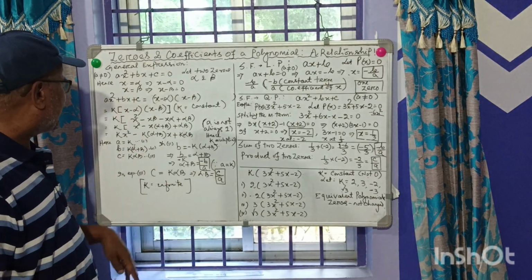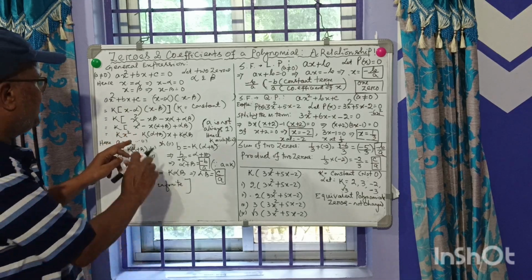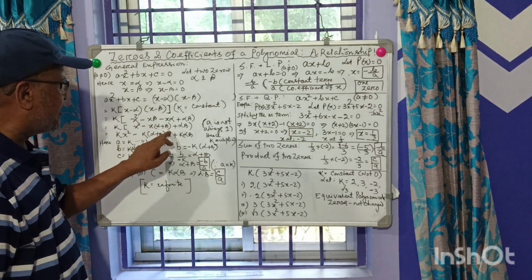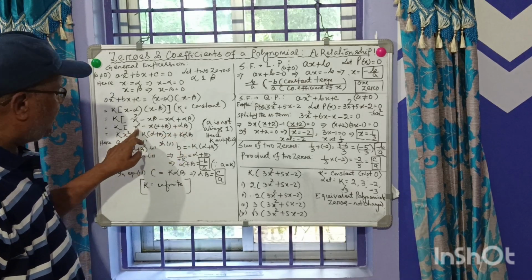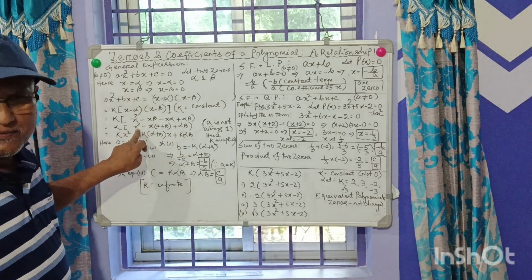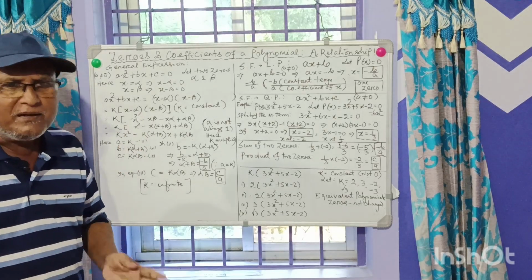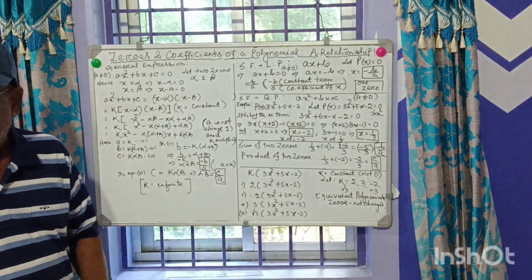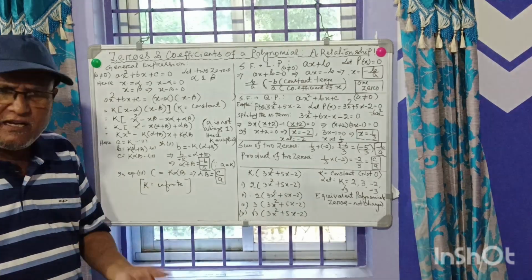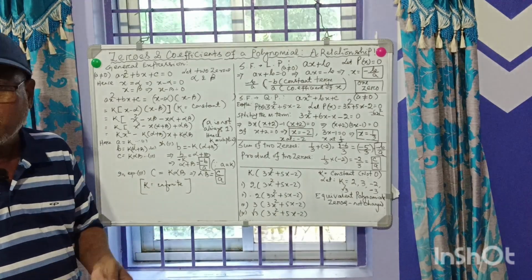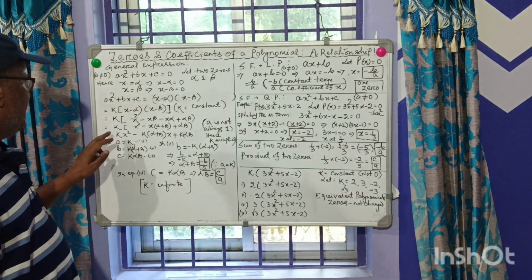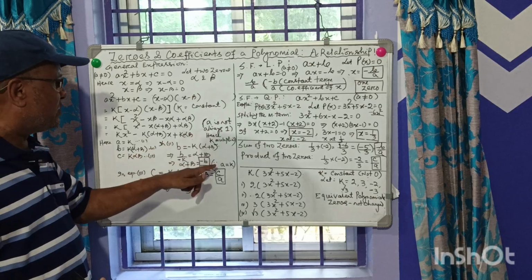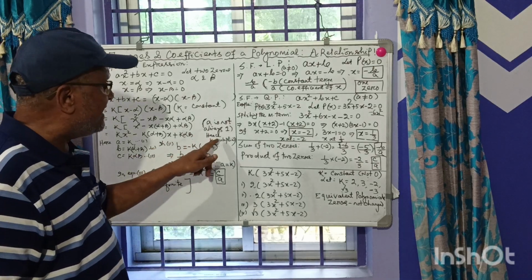If we don't multiply by k, we shall get x² - x(alpha + beta) + alpha beta, and here the coefficient of x² will be 1. But generally, the coefficient of x² is not always 1. It may be 2, 3, any real number, -2, -3, -5, or root 2, etc. So, to generalize the expression, k is multiplied.